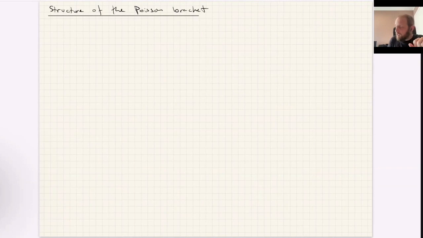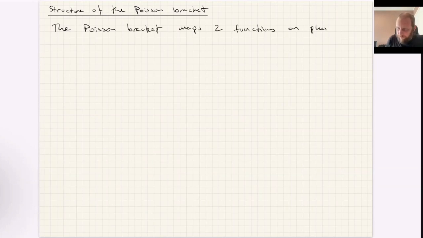The structure of the Poisson bracket. In general, the Poisson bracket maps two functions on phase space to a real number.